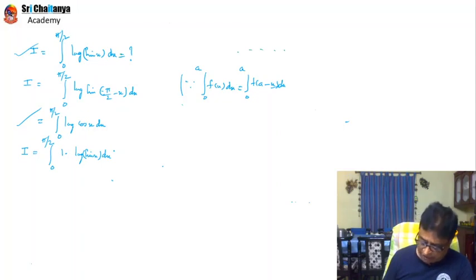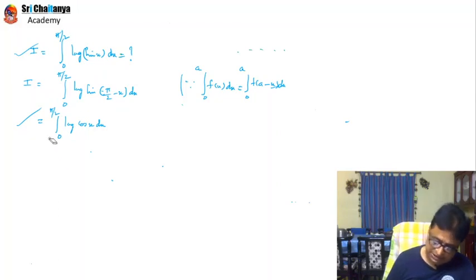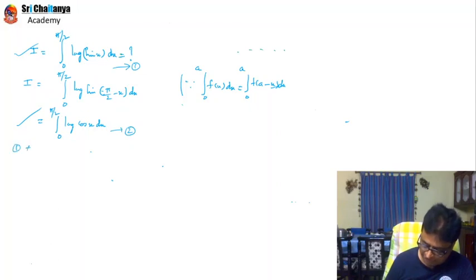Or I can do one thing. So I got this; initially I considered this as my I, and again I proved that my I is this one. So let it be equation number 1, and now consider this as equation number 2. Now add 1 and 2.